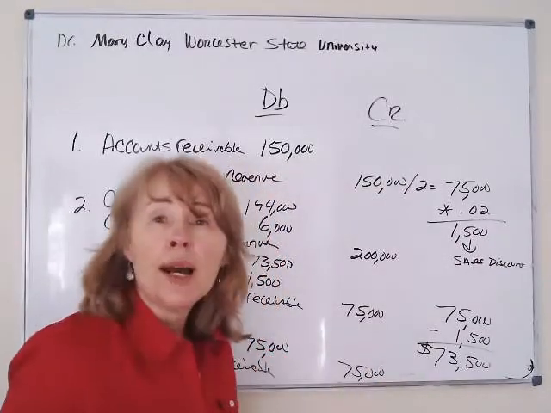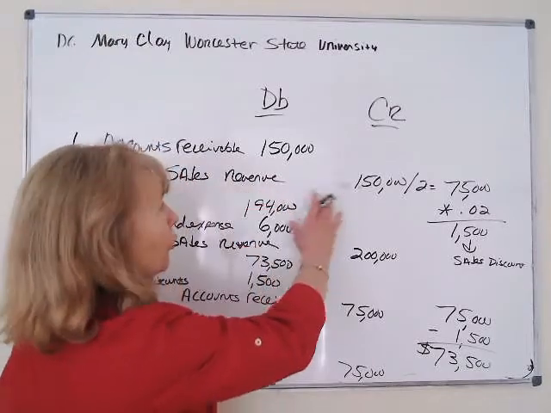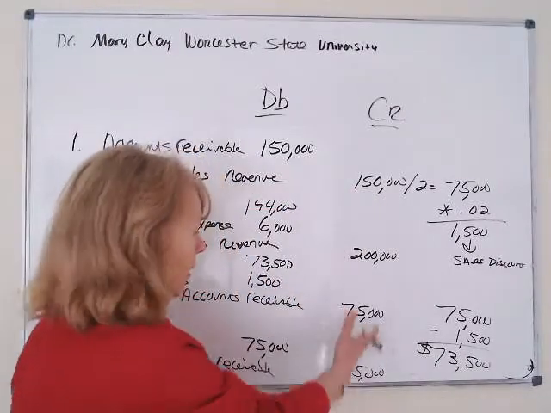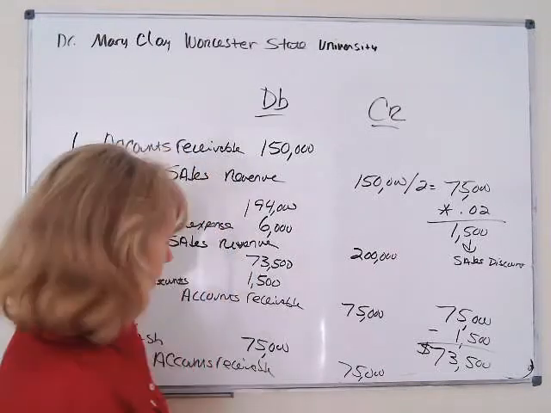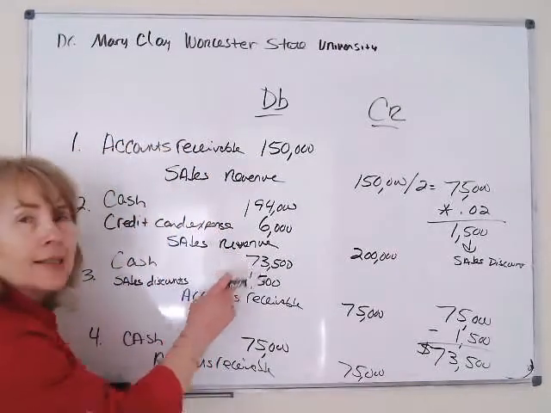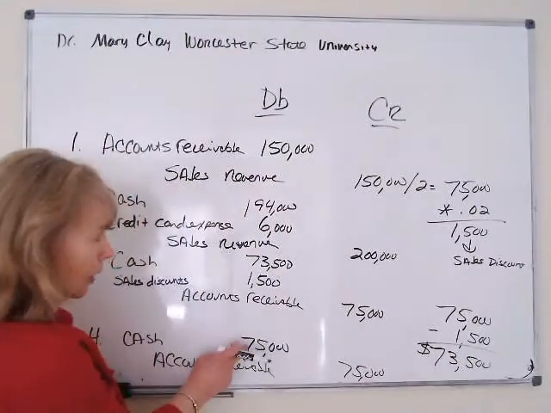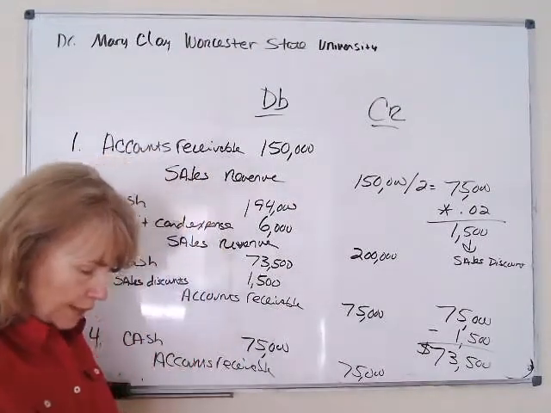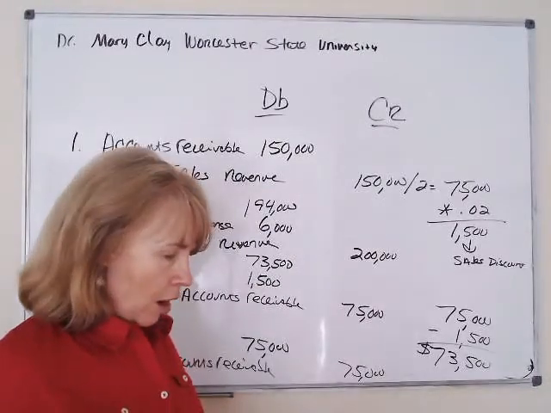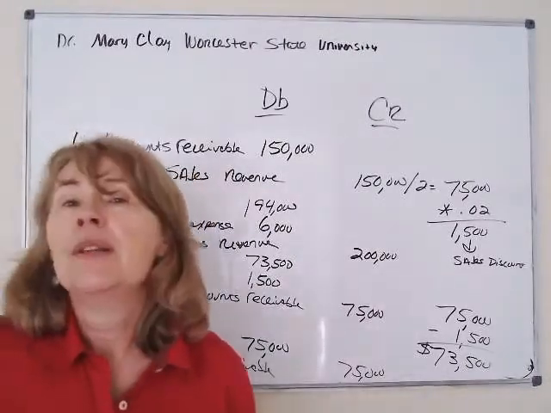Remember, do not touch the revenue. You will overcount. The revenue is fully recorded. Now that you did this, the accounts receivable is fully recorded. The cash, they got a little less here because they gave the discount. They got the full amount here because the customers did not get the discount within that time period. Okay, we're done with number 1.